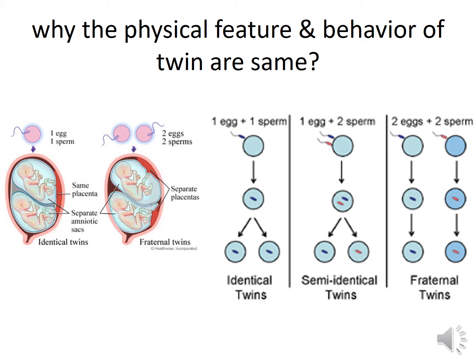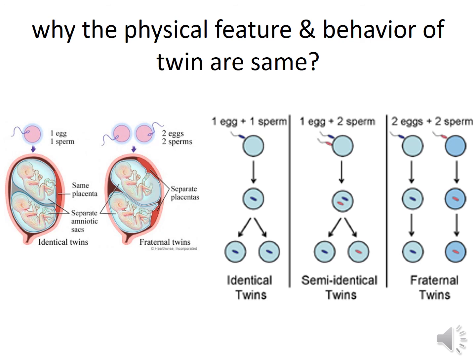In the case of fraternal twins, more than one ovum is fertilized by more than one sperm. In many cases, more than one ovum matures and more than one sperm fertilizes them, forming zygotes. This type of twins may be two boys, two girls, or one boy and one girl.